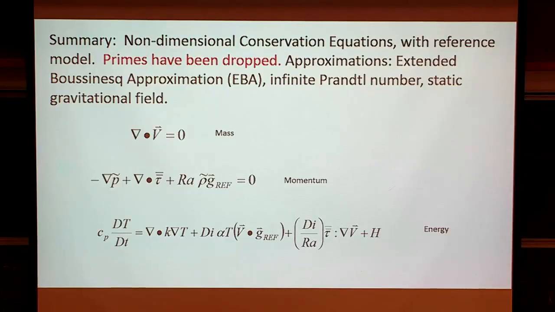In the core, it's not such a good approximation, but it's a pretty good approximation in the mantle. The issue is scale height. When you take a parcel of material from the bottom to the top, how many e-folding distances is that? Is it less than 1 or more than 1? If it's more than 1, then Boussinesq has a problem. But if it's less, then it's probably okay. Yeah, I think that's absolutely right.